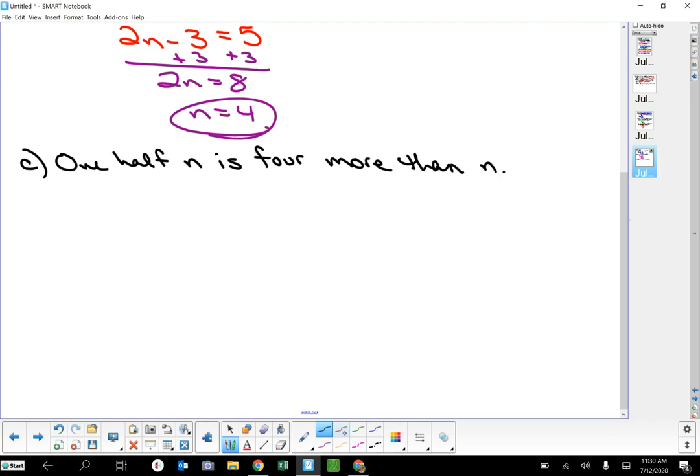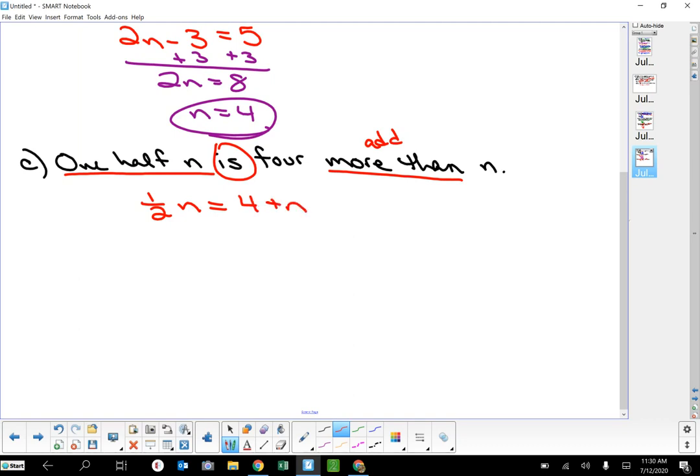Okay, so again, let's turn these into some words. 1/2 n is, means equals. Go back and take a look at your list that we made on the very first slide, if you don't remember. 4 more than n. It doesn't say 4n, it's 4 more than, which means to add. So this is 4 plus n.